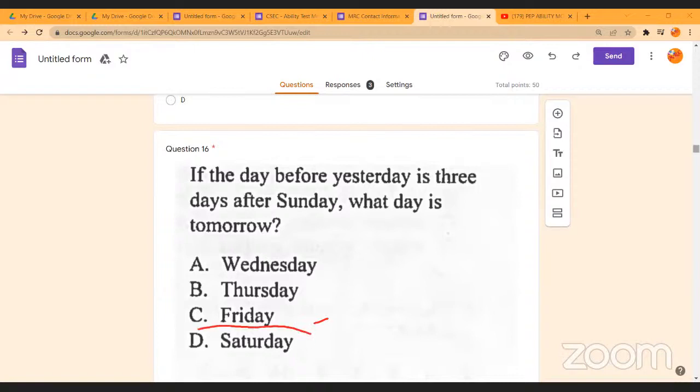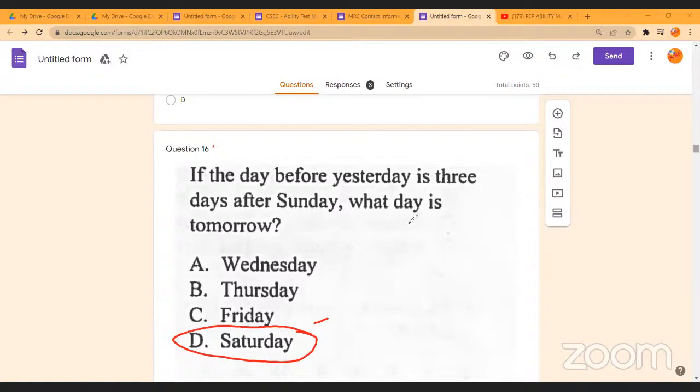Why did you say Saturday? I say it's Saturday because the day before yesterday is 3 days after Sunday. So that'll be Sunday, Monday, Tuesday, Wednesday. So the day before yesterday is 3 days after Sunday. So you're right.